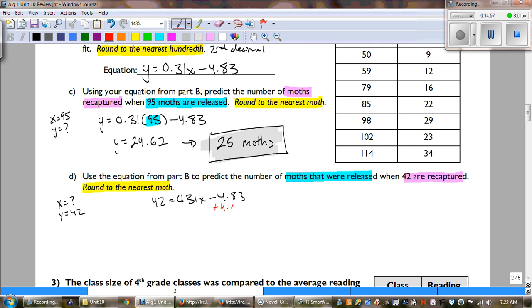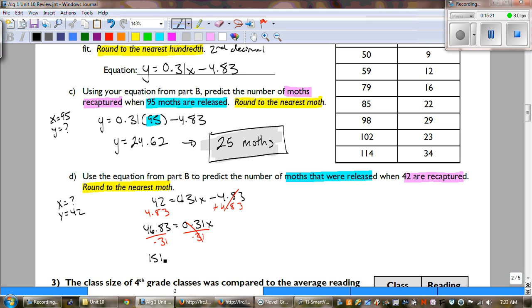Okay, well, we have to add the 4.83 to the other side to get the x by itself. We get 46.83 equals 0.31x. And then we have to divide by 0.31. And what do you get?